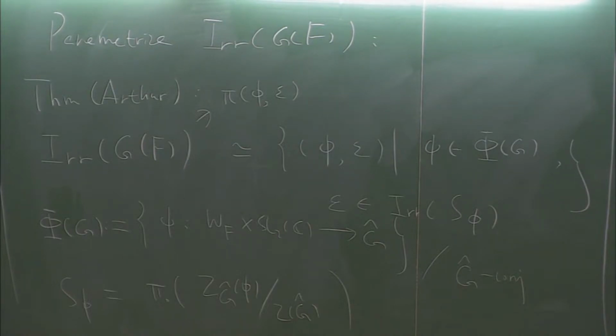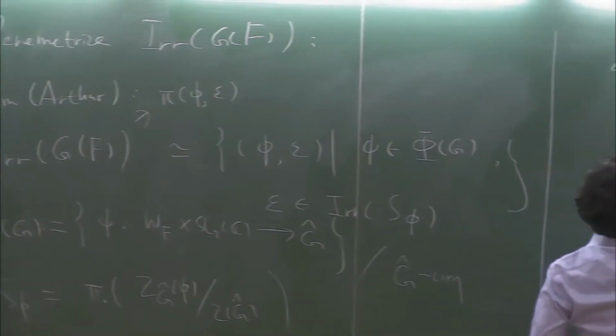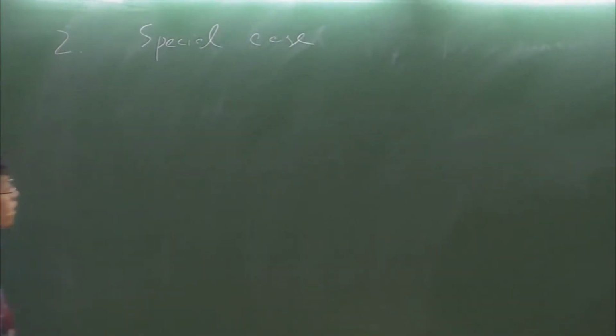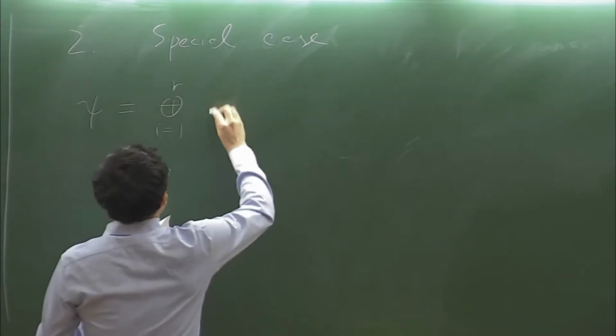And then we can try to talk about what's inside the A packet. So in this talk, we'll look at a special case. Okay. And so what is the special case? The special case is if we write down the parameter again in terms of its irreducible components.